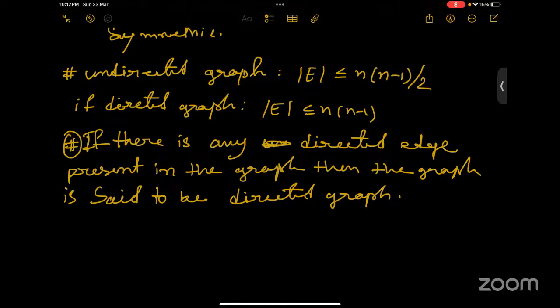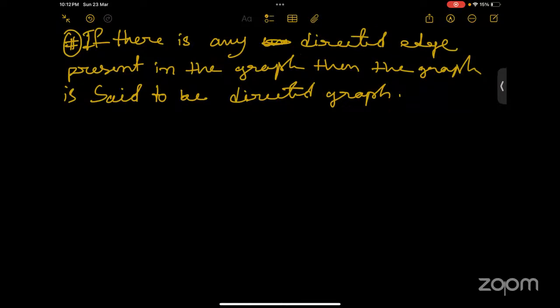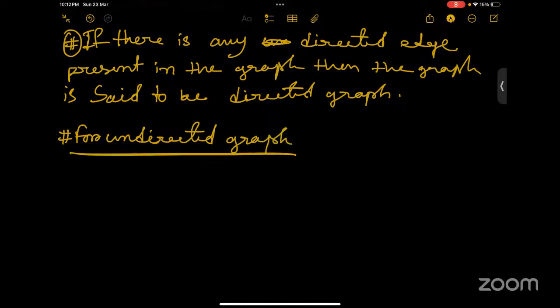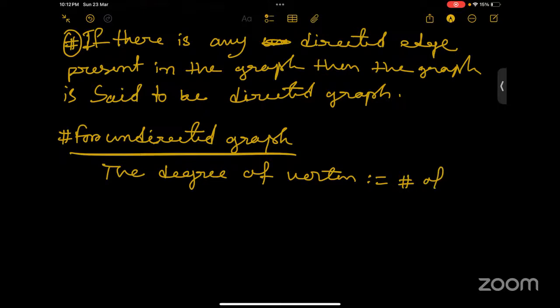So now we have the degree of a vertex. For an undirected graph, the degree of a vertex is nothing but the number of edges associated with the vertex.